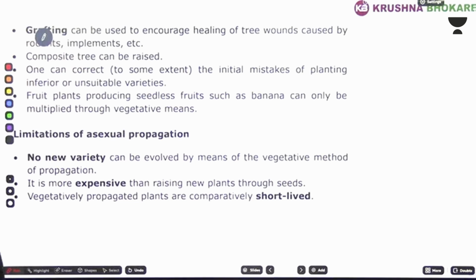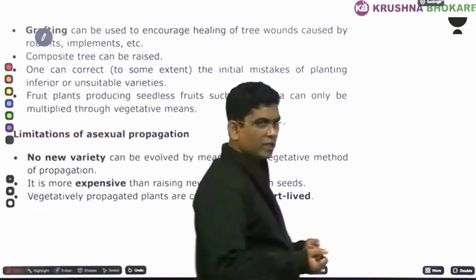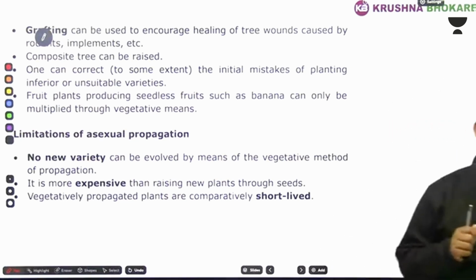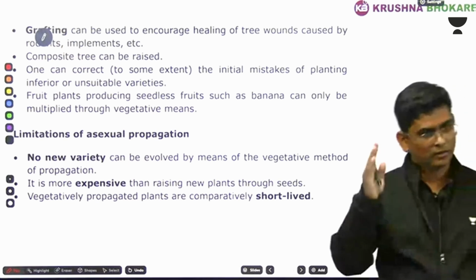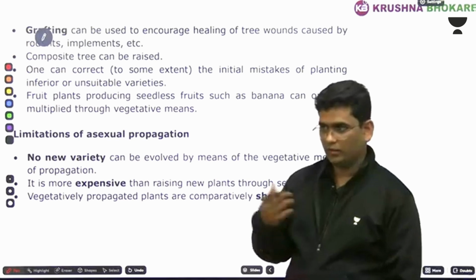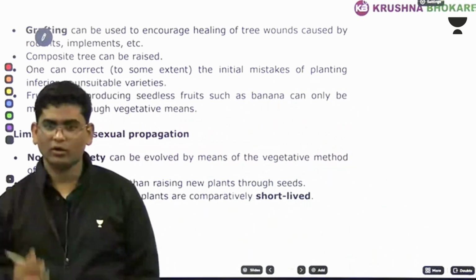Grafting can be used to encourage the healing of the tree's wounds caused by rodents and implements. Sometimes what happens? Let's say Chinmay is learning the tractor for the first time and running the tractor in the farm and directly striking the mango tree. In such a condition, there can be damage to the mango tree. If his father comes to say my son has damaged the mango tree, he may scold him.